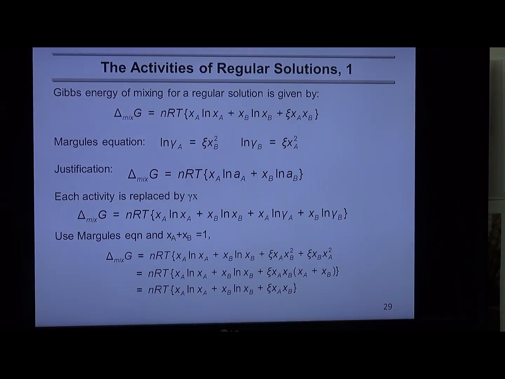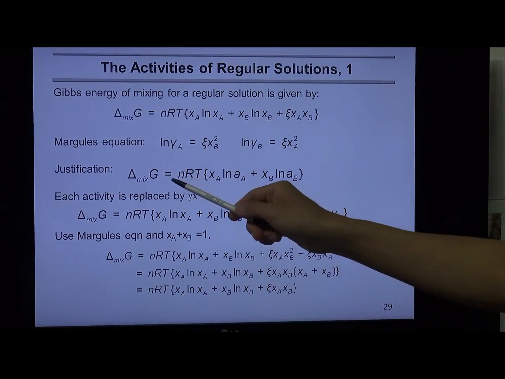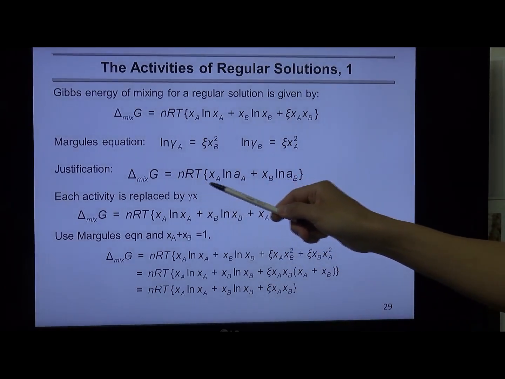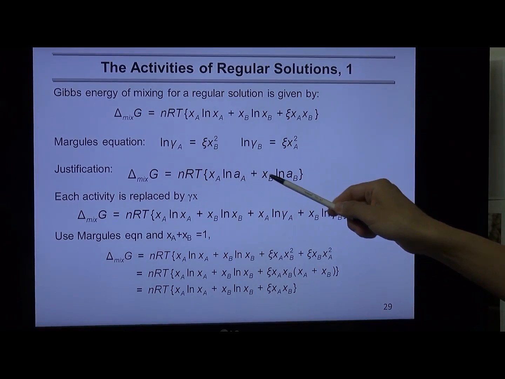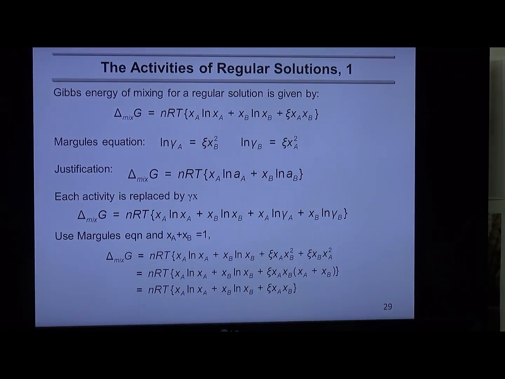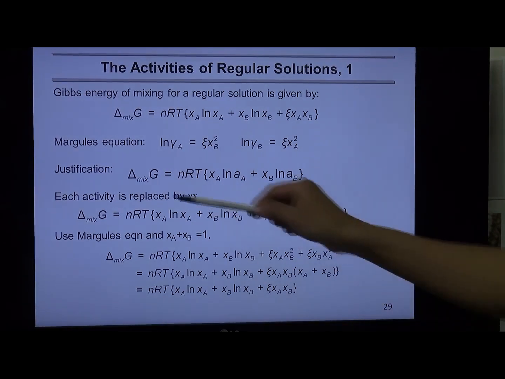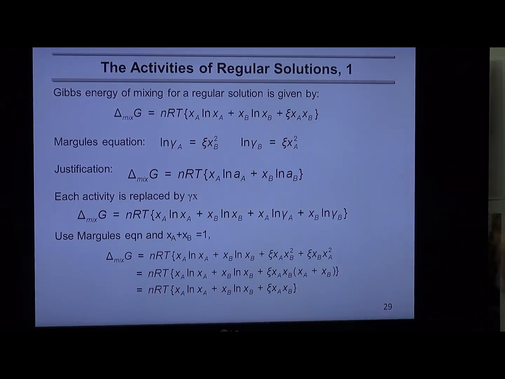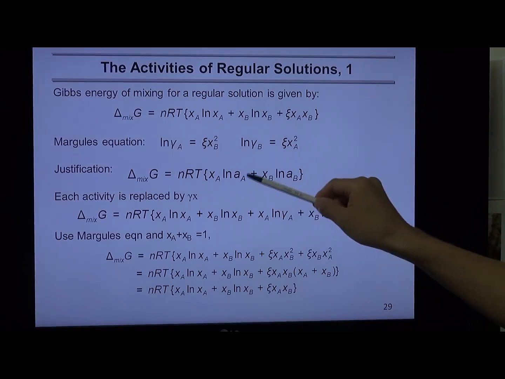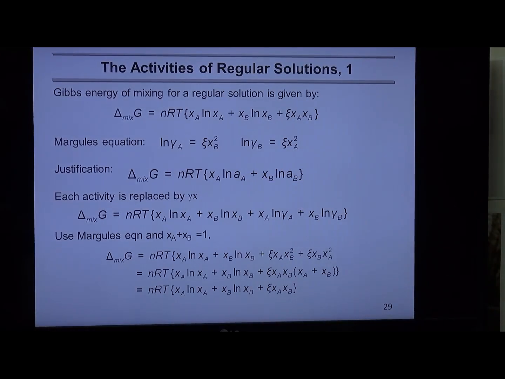Alright. So, Gibbs energy of mixing was described as nRT (XA ln XA plus XB ln XB), right? For ideal solution. And we want to use the same expression for real solution. So we replace XA and XB with activities, right?